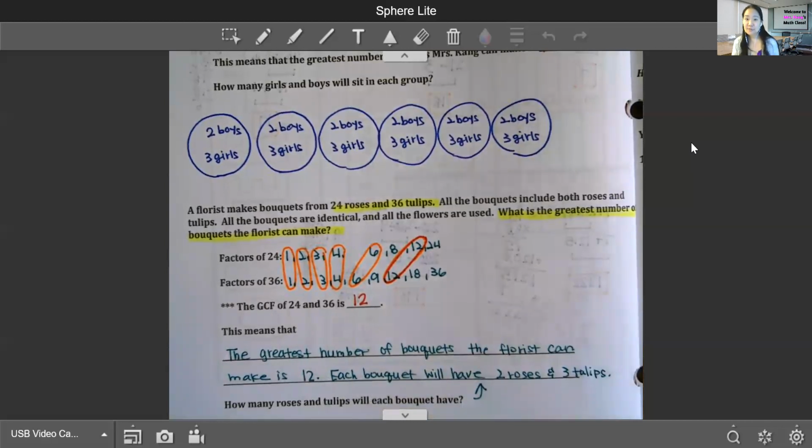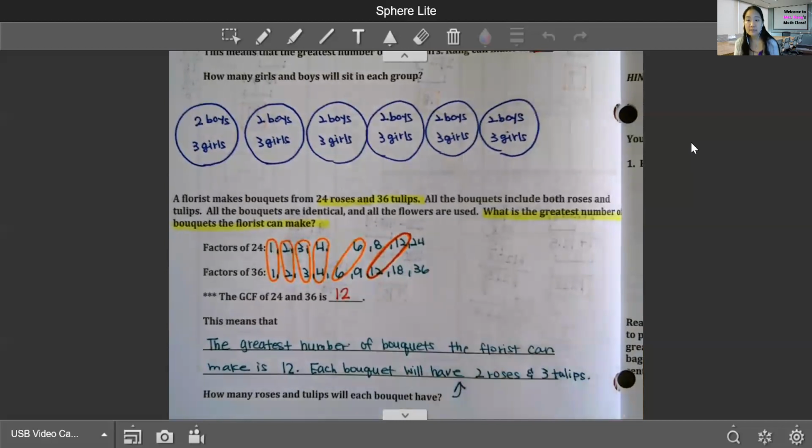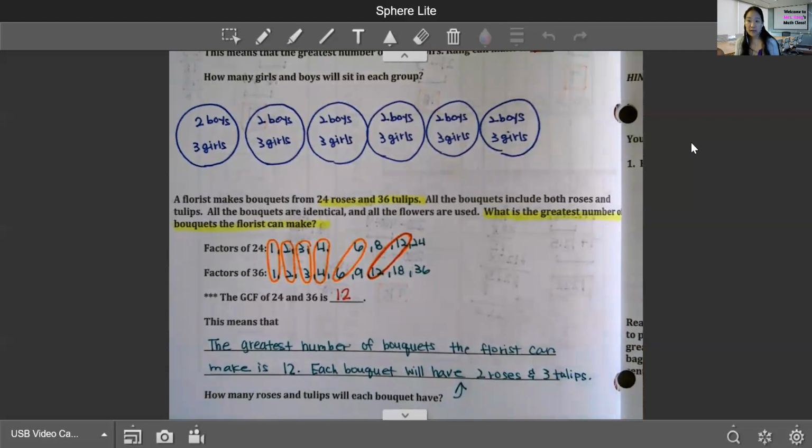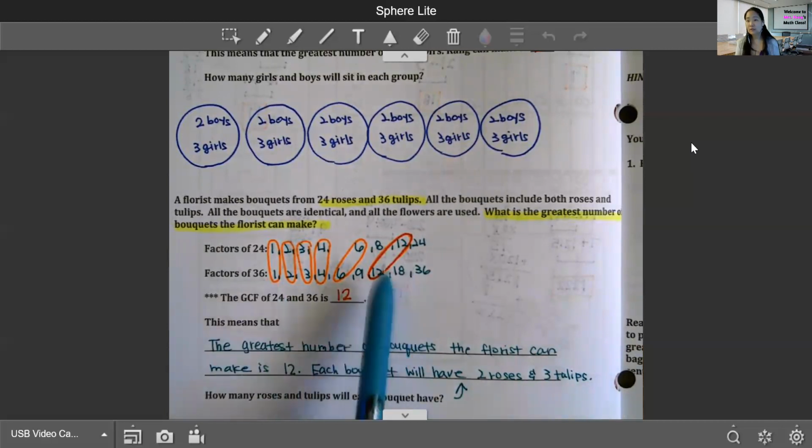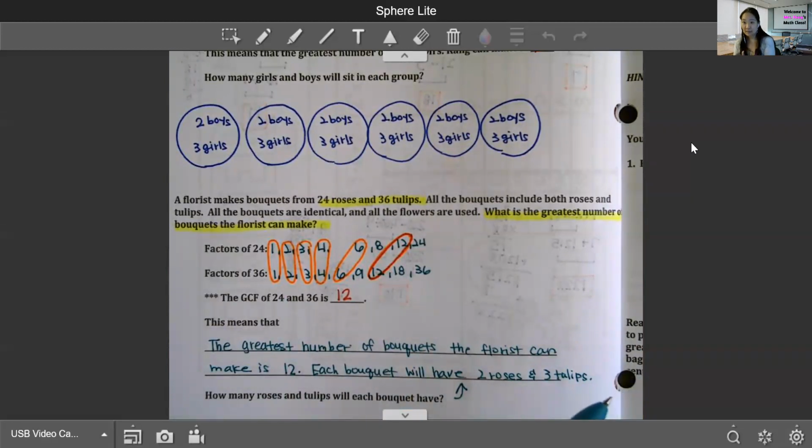Okay, so far I hope you understood the concept of finding the factors of a number or factors of 2 numbers, finding their common factors, but out of those common factors, which one is the greatest common factor? Okay, now that we've covered what factors are, common factors are, greatest common factor is, we're going to go to the next page.